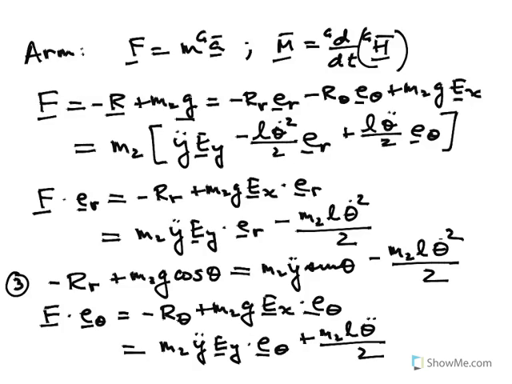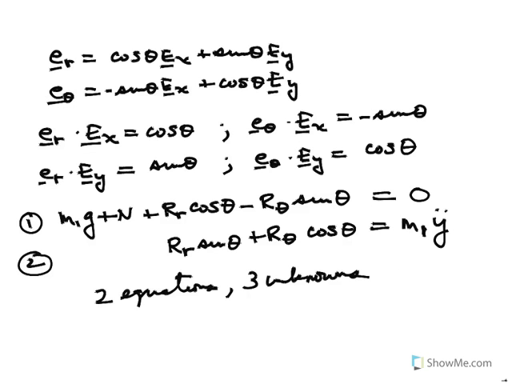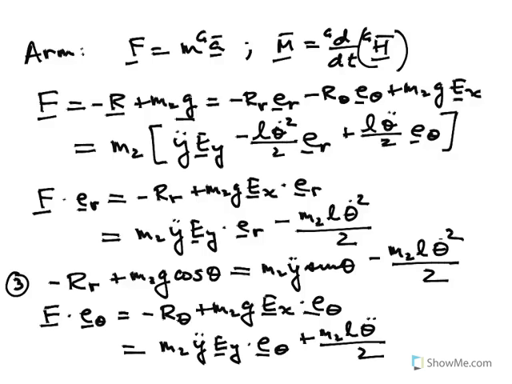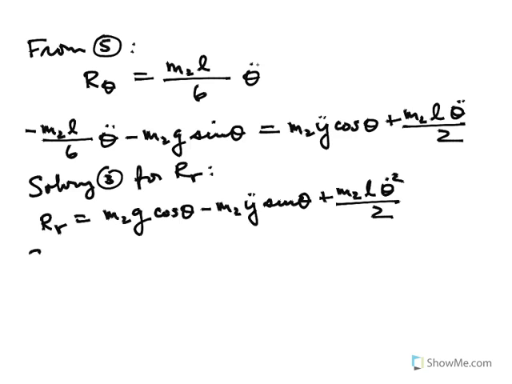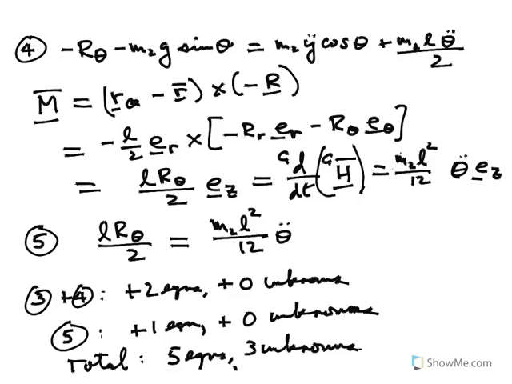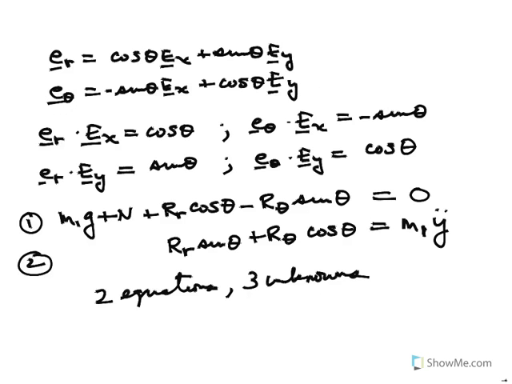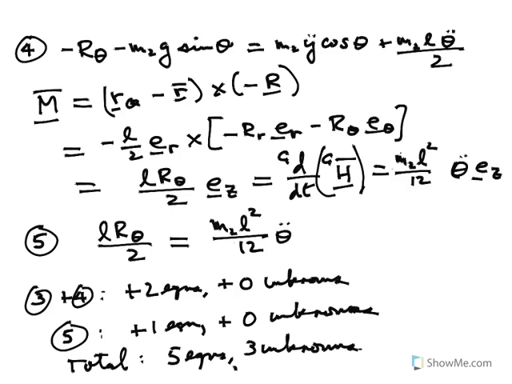Now what I can do is take those components of the reaction force and put both of them into equation 2. So substitute R sub R and R sub theta into 2. And when I do that, what do we get? We've got R sub R times the sine of theta.